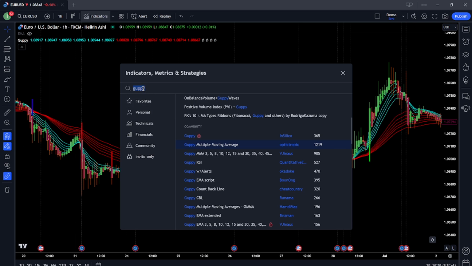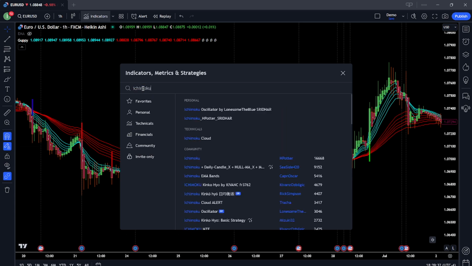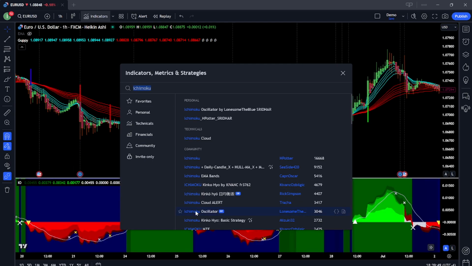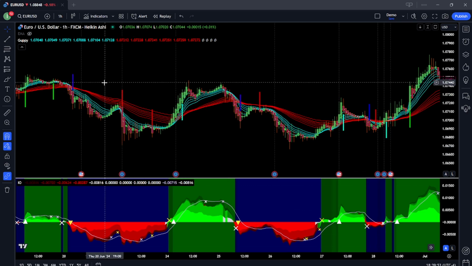And then the second indicator you need is the Ichimoku Oscillator. You see this Ichimoku Oscillator written by Lonesome. You can add that to the chart. So these are the only two indicators that we need.